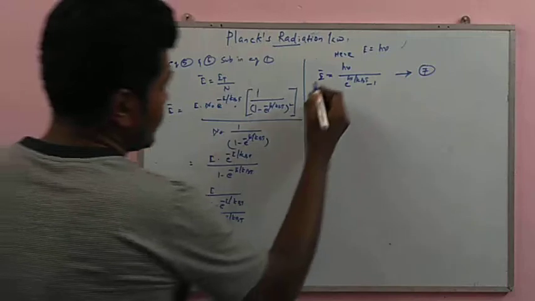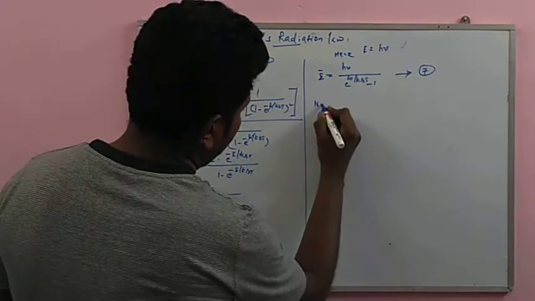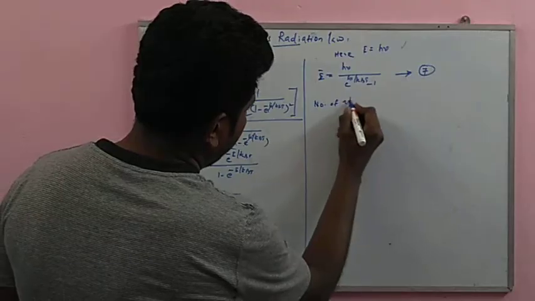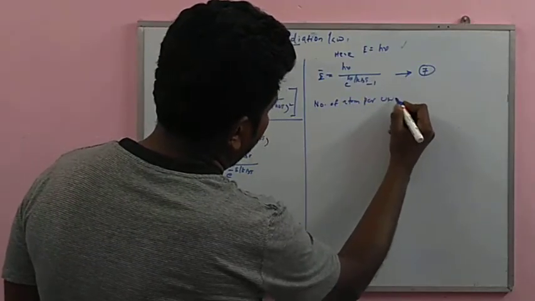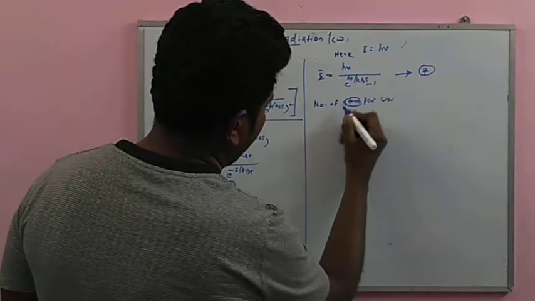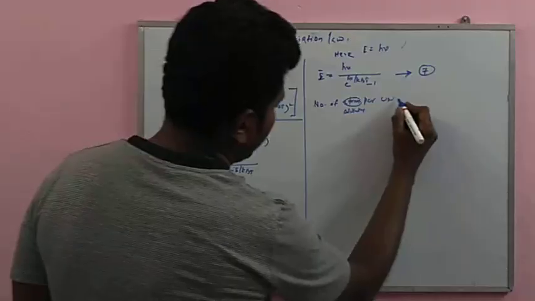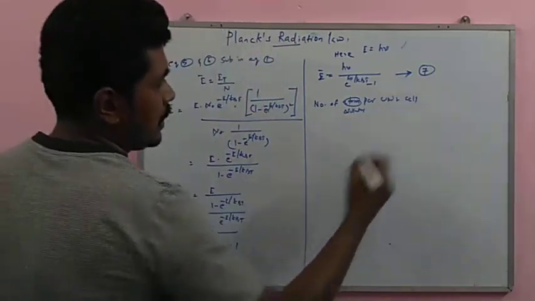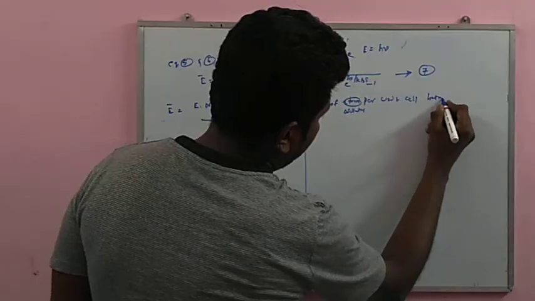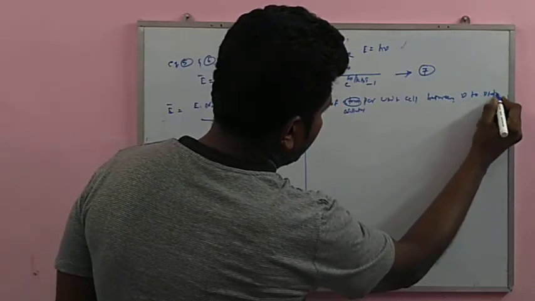Next, go to the other particles. Number of atoms, that is the number of oscillators per unit cell between the frequency range mu to mu plus d mu.